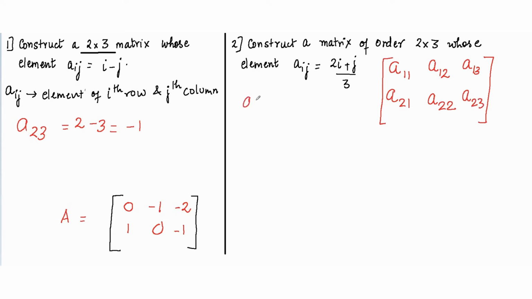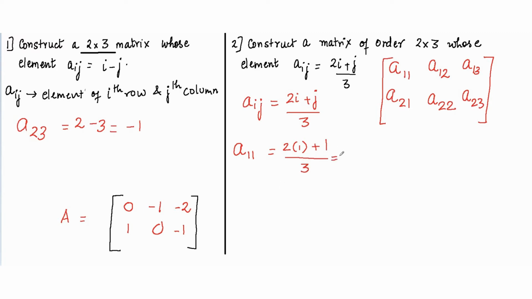Now I know that aij is equal to 2i plus j, the whole divided by 3. Let me find A11. When I am finding A11, I have to substitute i as 1 and j also as 1. So this is 2 times 1 plus 1 divided by 3.